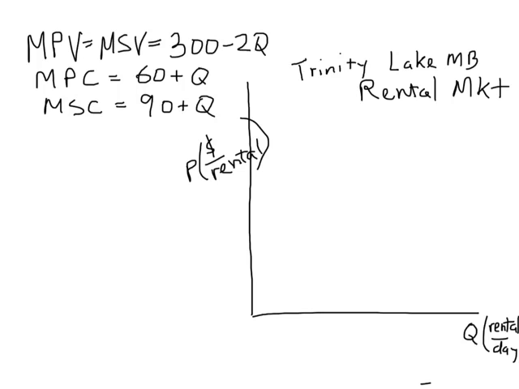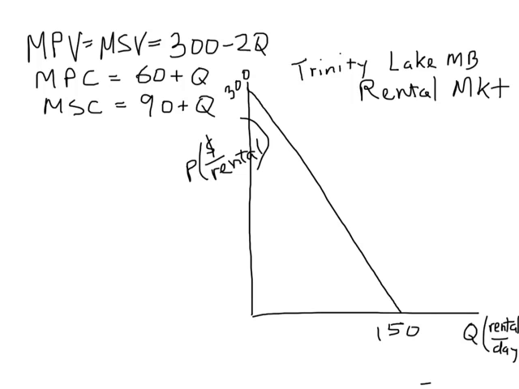All right, well, the marginal social value function, downward sloping, y-intercept of 300, slope of 2. So it's going to have an x-axis intercept of 150 and a y-axis intercept of 300. That's right there.